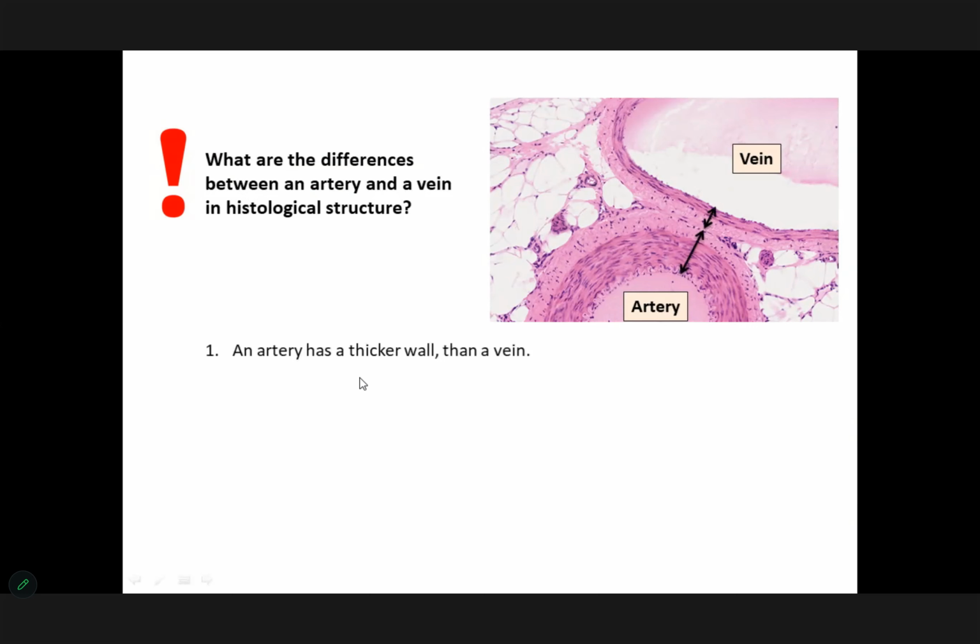First, artery has a thicker wall than a vein. Compare the thickness of the wall of the artery and the vein. Second, an artery has a more prominent media than a vein. Compare the media in artery and media in a vein. Media is much thicker in artery.